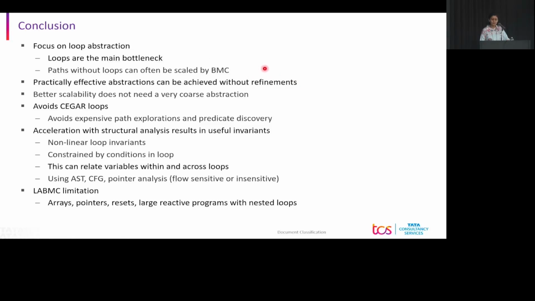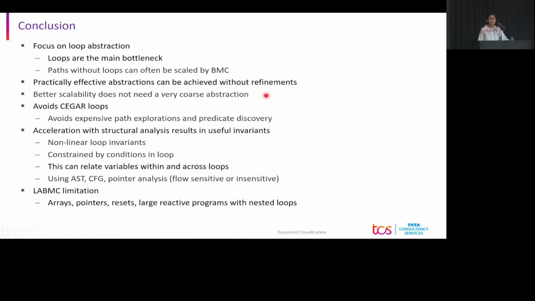And this clearly shows that when there are paths without loops in a program, then BMC can scale and can be used very nicely to prove properties, not just verify, but also prove. We can avoid CEGAR loops because that's very expensive. Even for simple properties where you can derive such loop invariants, you need not go into a CEGAR loop, which is potentially infinite.